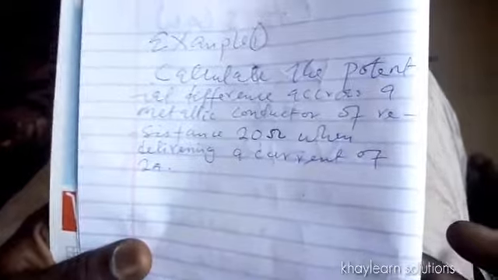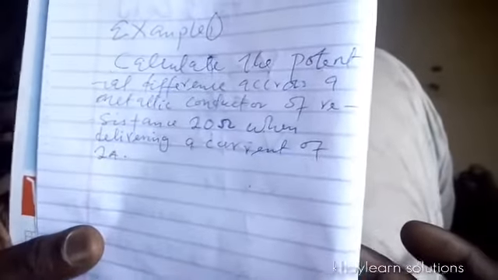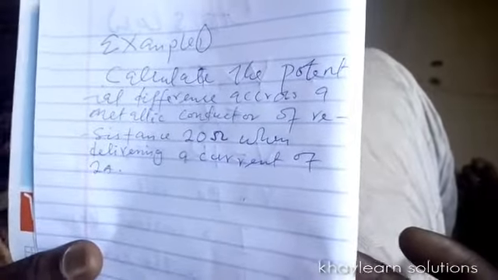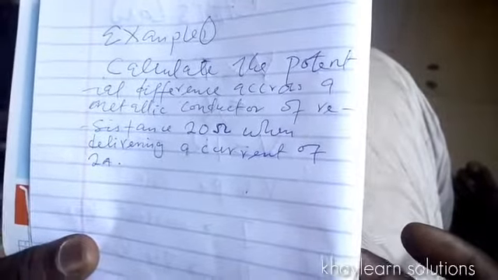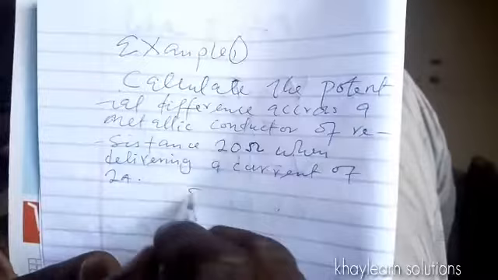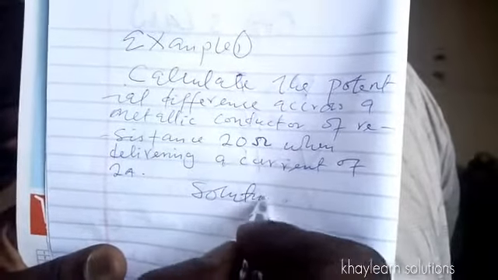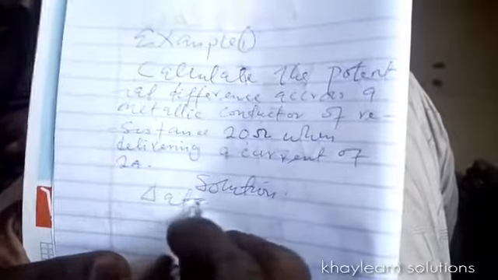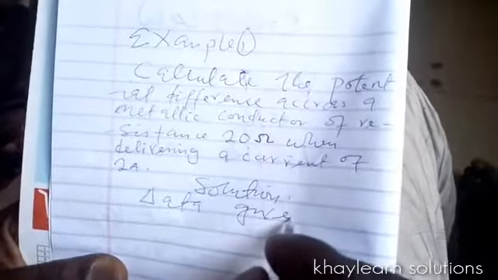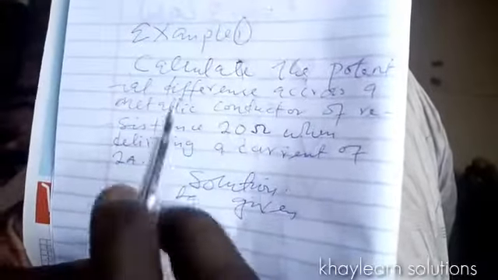Alright, we are into example number 1 that says: calculate the potential difference across a metallic conductor of resistance 20 ohms when delivering a current of 2 ampere. So after writing solution, what next to have is the data given. After data given, we'll read it.